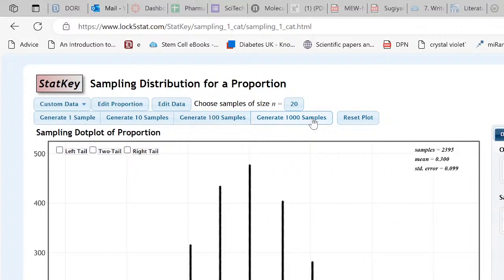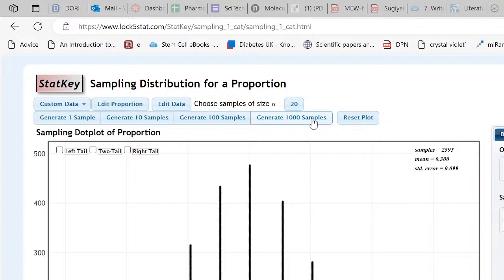And by the way, I sampled about 13,000 samples. The mean is 0.3. The standard deviation is 0.102. Again, that number is keeping track of it, taking the standard deviation of all 13,517 values of p hat.